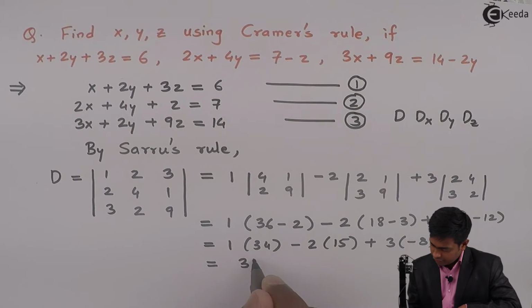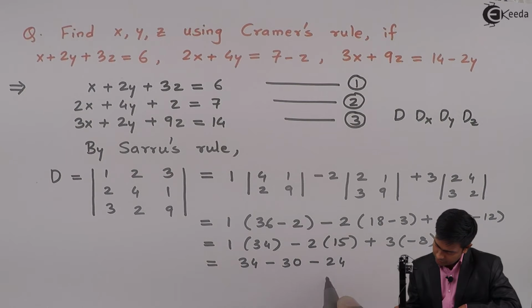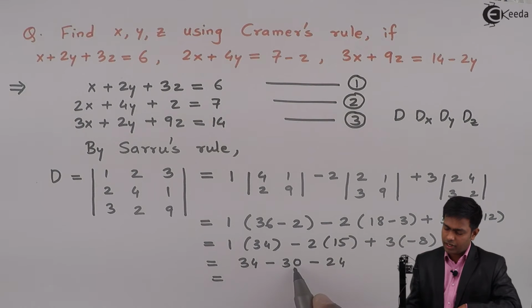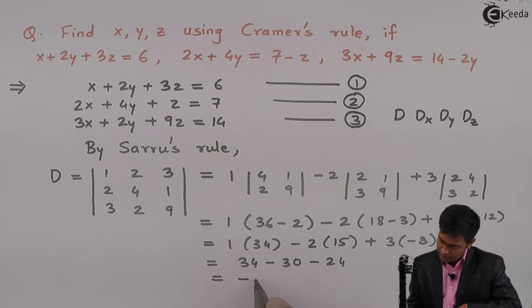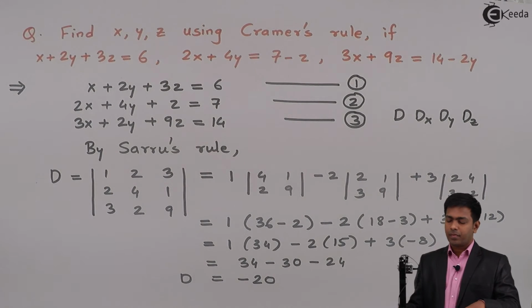So we will get 34 minus 30 minus 24. Now 34 minus 30 is 4 and 4 minus 24 is minus 20. So the value of d is minus 20.